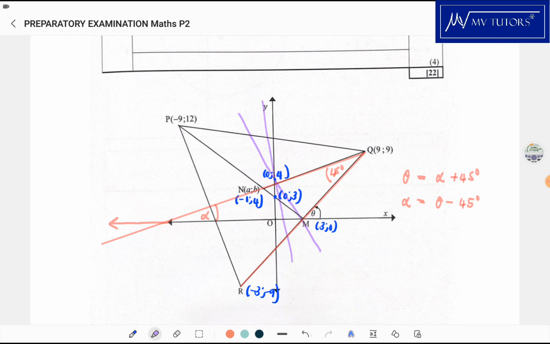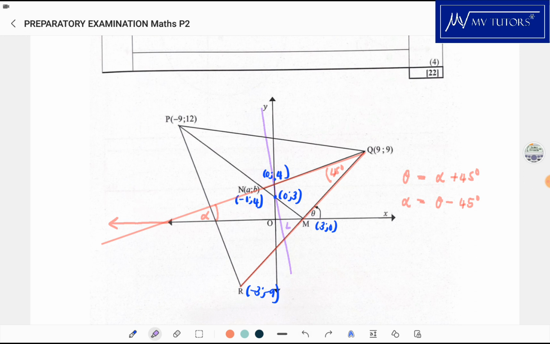Okay, so let us just remove the previous line. So maybe let's make it as we rotate it. So let's say that's 45. Okay, that's when we have a negative gradient. And if that's the case, now let's see our triangle. So we have 45 over there. Okay, let me make this a little bit smaller.